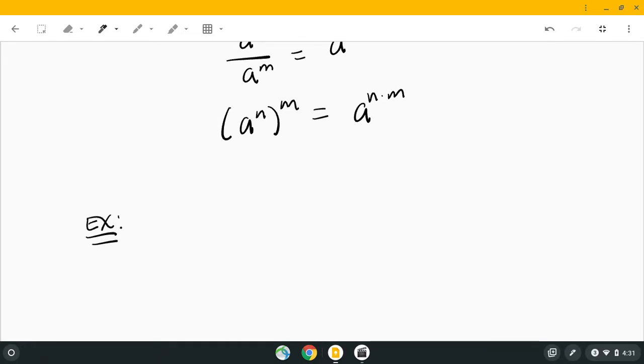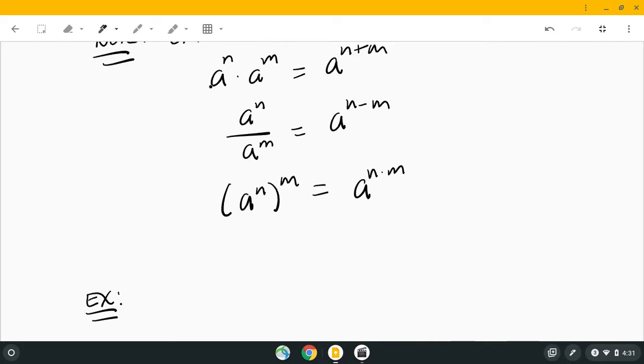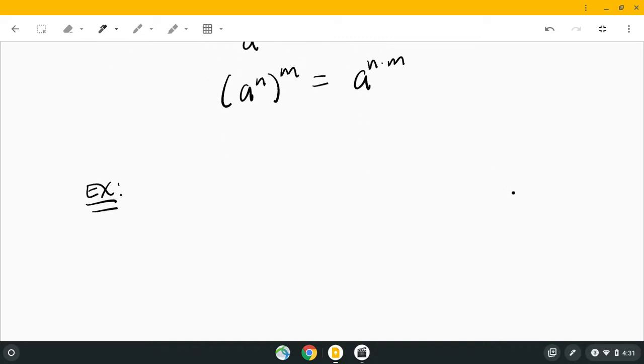Let me give you an example. Let's do one where we're multiplying like bases with fraction exponents, which means we're going to have to add them. Suppose that I have 5 to the 2/3 times 5 to the 3/4. Like bases, so I have to add the exponents.